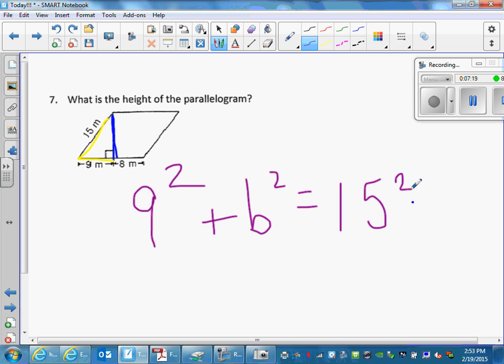You'll do 9 times 9, which is 81. 15 times 15, which I believe is 225. Then you'll subtract 81 from both sides and solve for b squared. Whatever you get, take the square root and put the answer in meters.